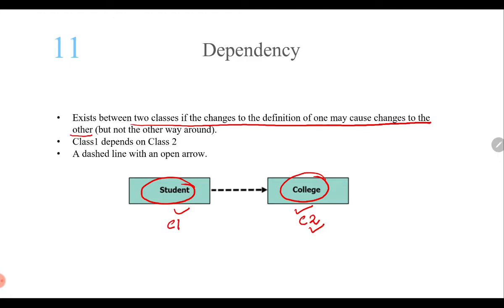Whatever changes happen with class 2, there will be some change with class 1. Hence, class 1 is dependent on class 2. We show this with a dashed line with an open arrow, pointing to whichever class is depended on. So these relationships are very, very important from the perspective of representation.